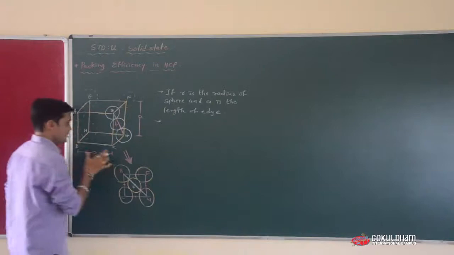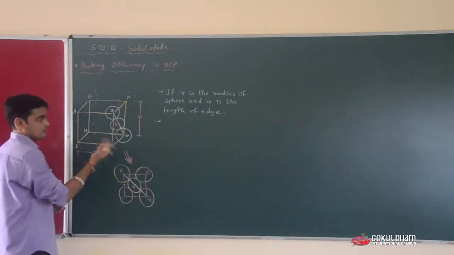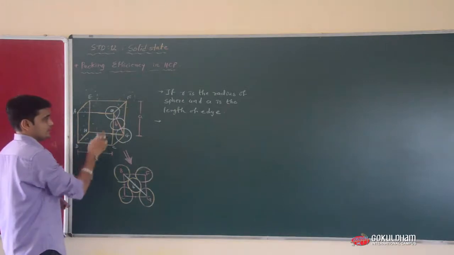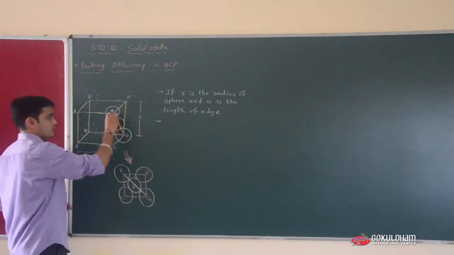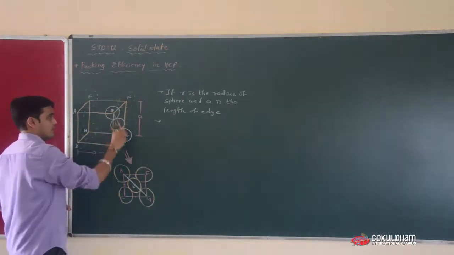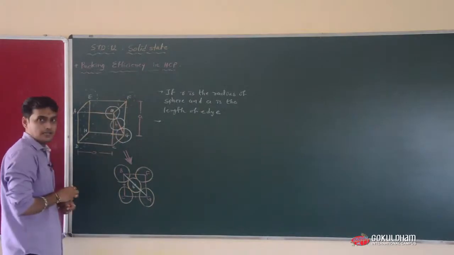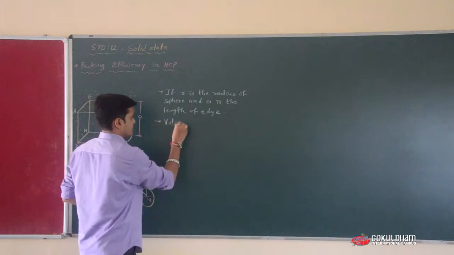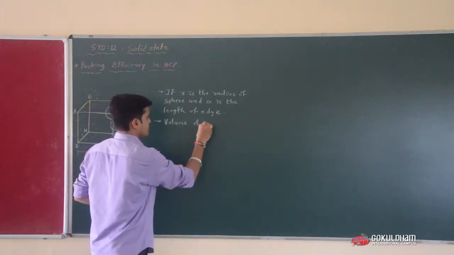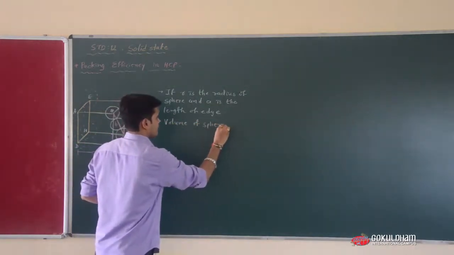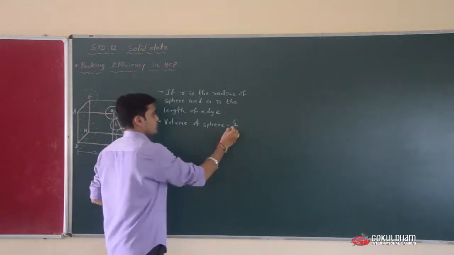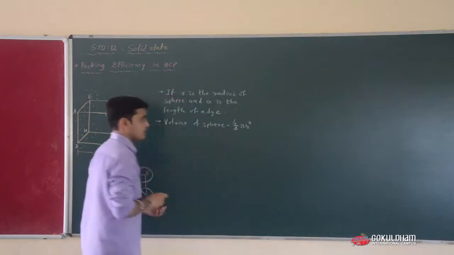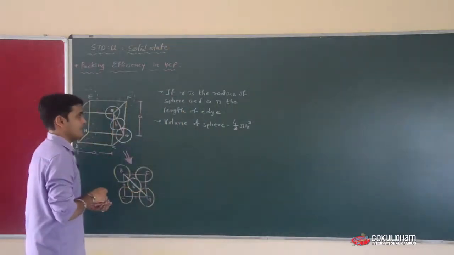Here we don't need to write a is equal to 2r because there is no relation between these edges. We have to concentrate on the middle of the plane. Volume of sphere is equal to 4 by 3 pi r cube. You know this very well.